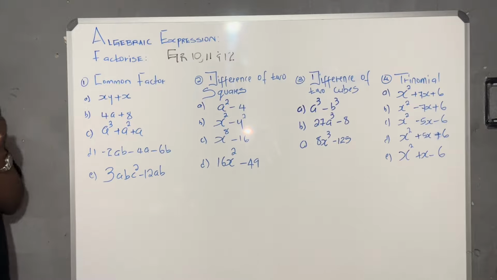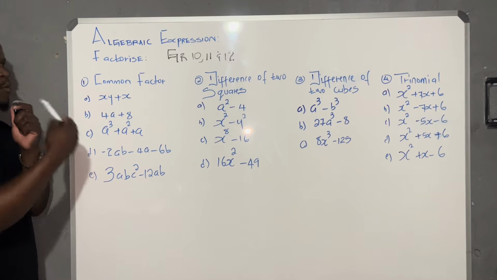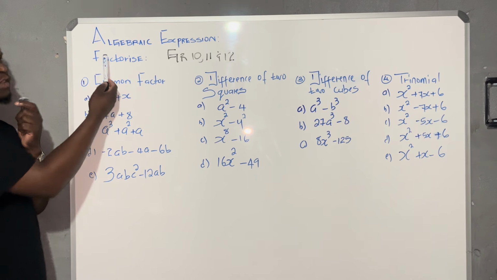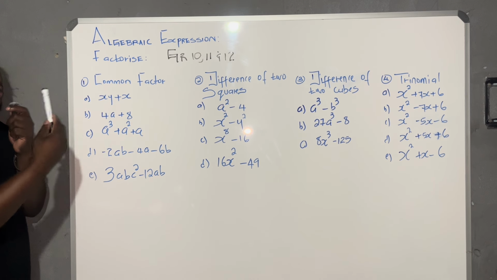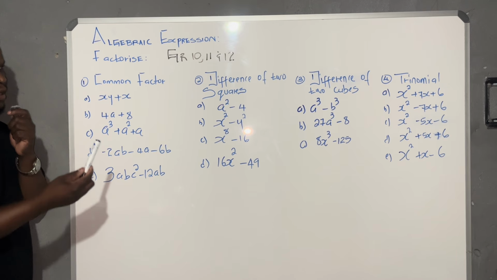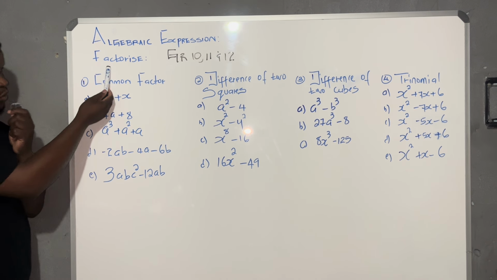Now, let's start with a common factor. This topic is also huge because it overlaps from one grade to the next. In grade 12, we no longer teach factorization, but most of the topics that we are dealing with, one way or another, go back to factorization. They link with factorization.